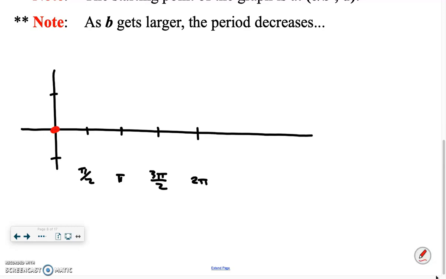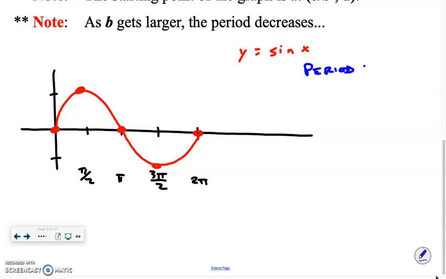So on a sine curve, we were hitting these points. Those are the points that we were hitting. And that would represent, as normal, and I should probably identify that this is y equals sine of x, that the period in this case was 2 pi.